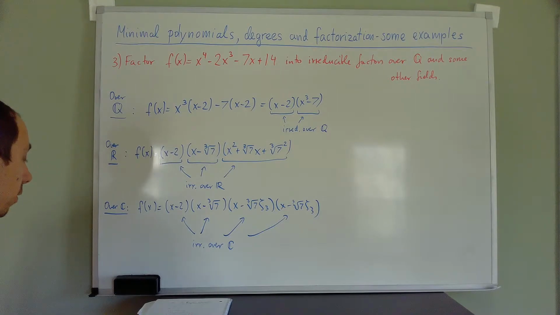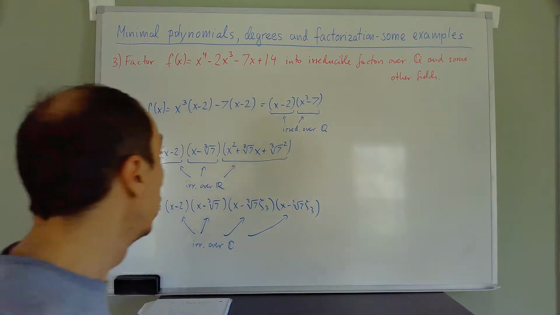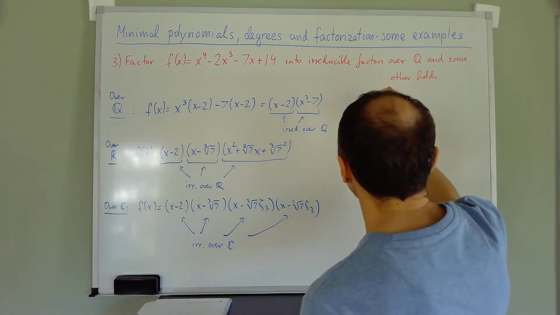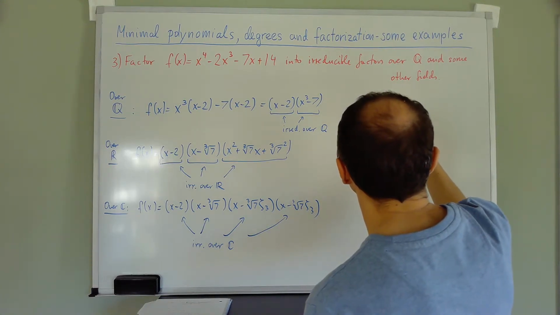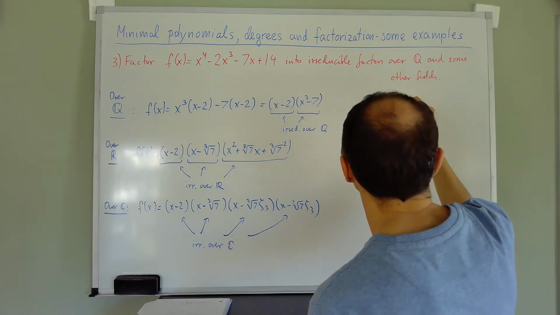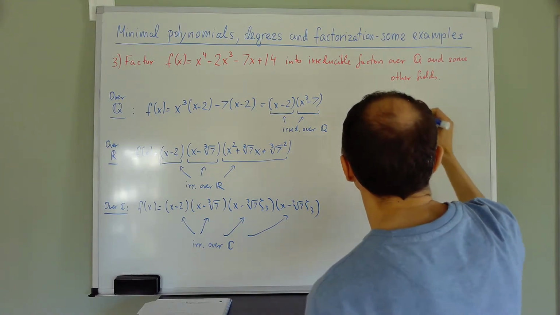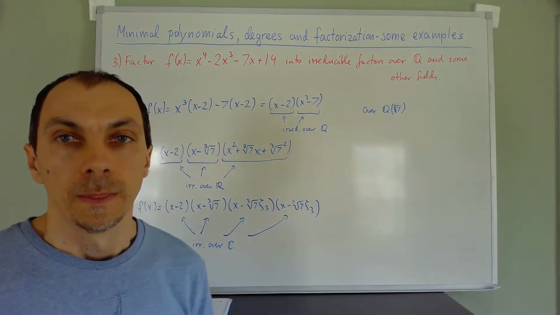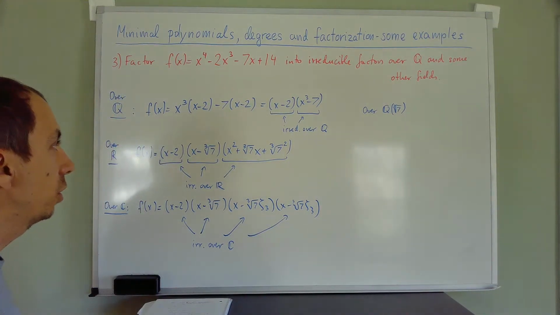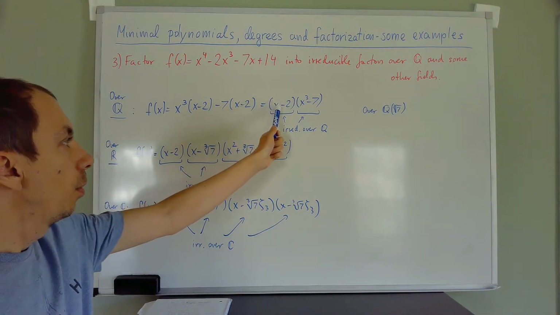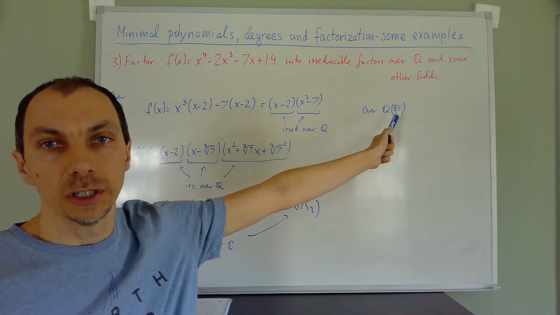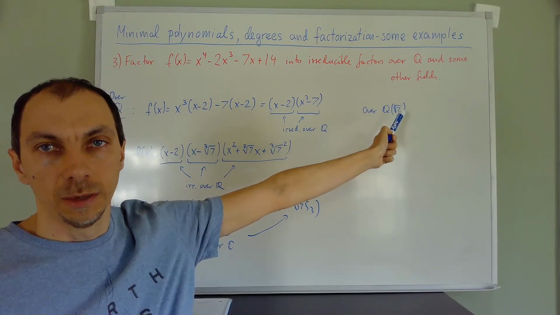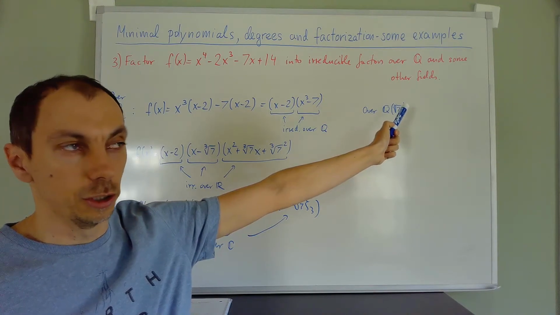Okay, but there are also other fields you can consider factorization over. For example, you may ask, what's the factorization over Q adjoin cube root of 7? Maybe I already have that factorization on the board. Well, certainly both of these polynomials have coefficients in Q, so they have coefficients in Q adjoin cube root of 7. But are they irreducible over Q adjoin cube root of 7?